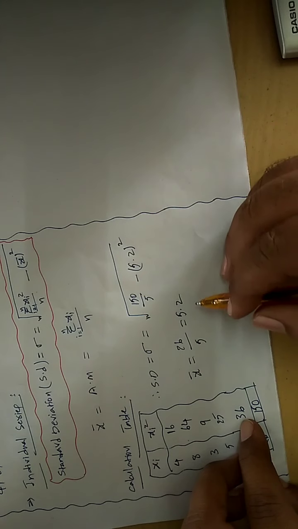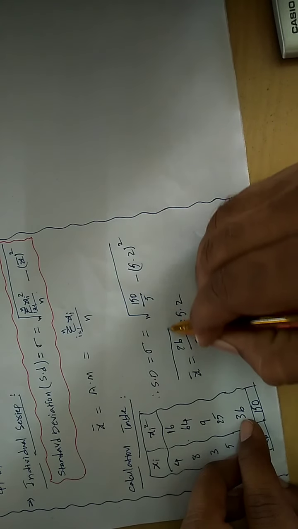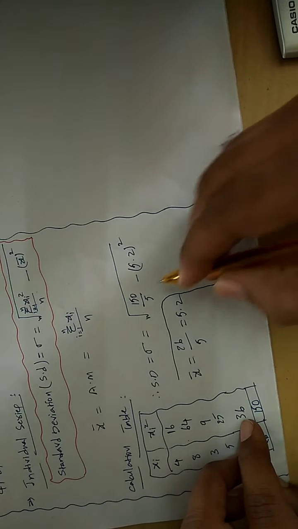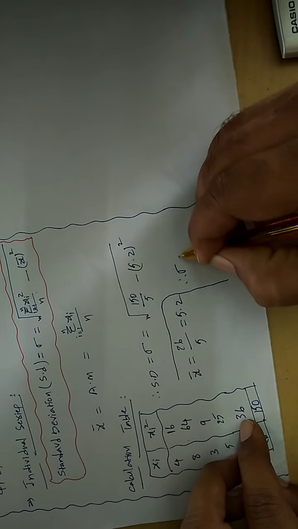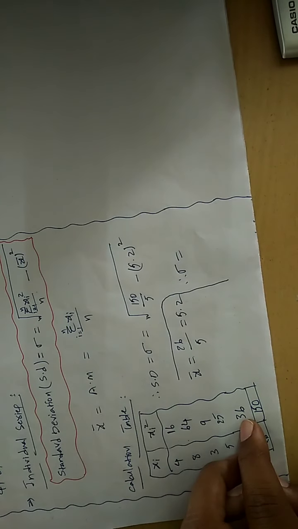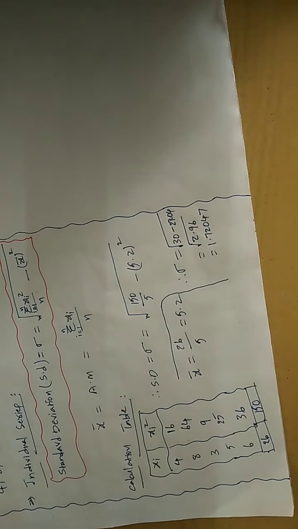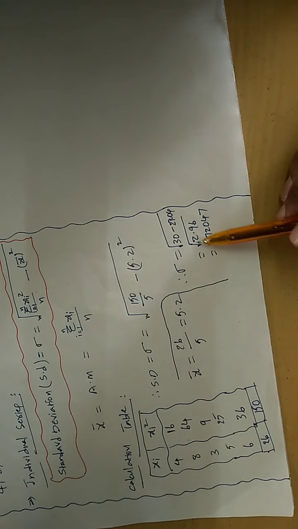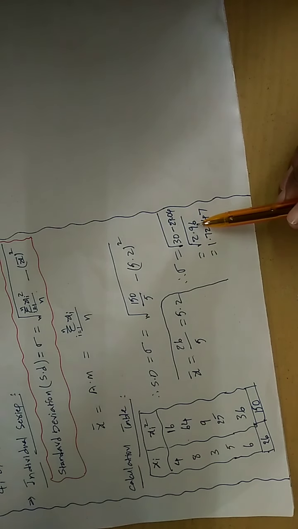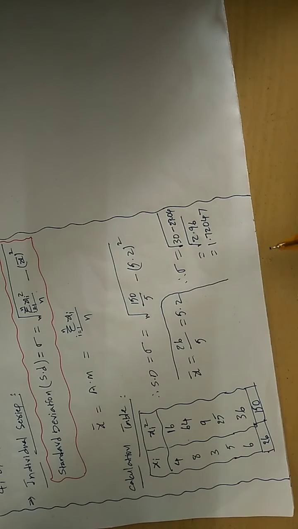So directly, what do we get here? Therefore sigma, under the square root, 2.96. So the standard deviation is going to be 1.72047.